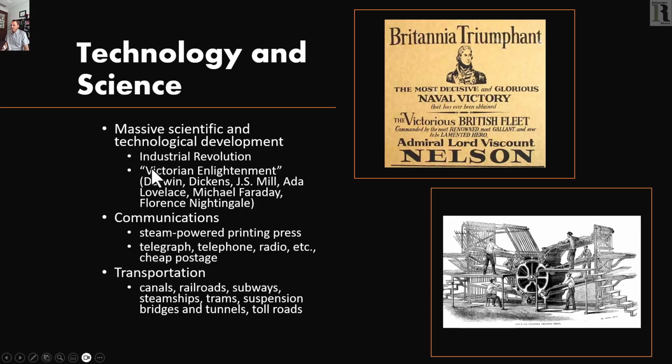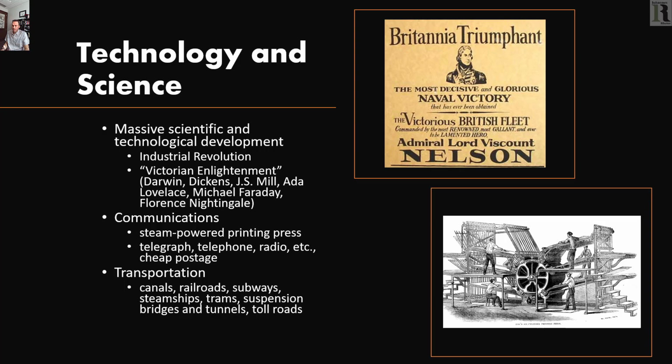Technological and scientific changes were also important in the 19th century as well as the 20th century. Of course, Britain is where the Industrial Revolution began. And this is too big a subject. I'm not going to go into it. I encourage you to learn more about it. But another big factor in the 19th century in Britain is what's sometimes been called the Victorian Enlightenment, which is a period of great scientific and cultural production in Britain in the 19th century.